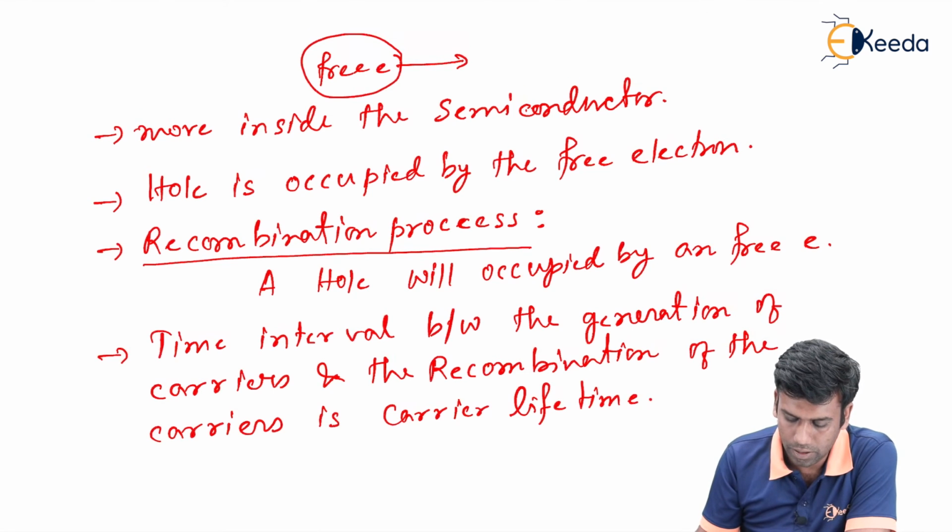That means the time instant when the carriers are generated and the time instant when they are recombined or dead, the time interval is called the carrier lifetime.